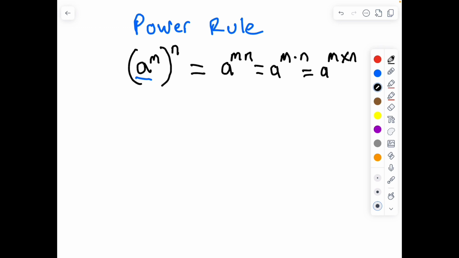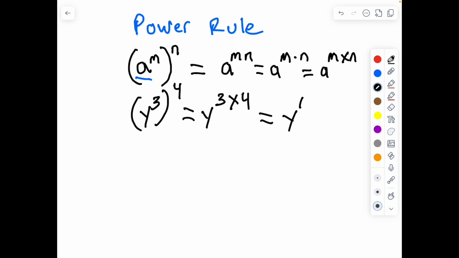So for example, if you have y to the third power, and that's raised to the fourth power, you just multiply the exponents here, which gives y to the 12th. You're taking y raised to the third power and applying it 4 times, so you just multiply 3 times 4.